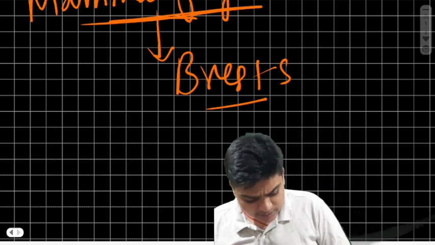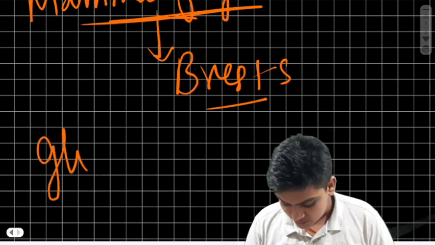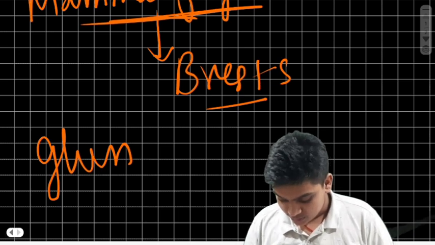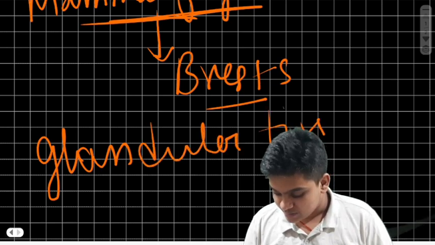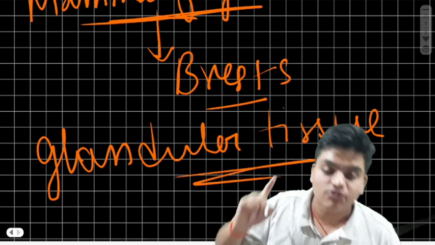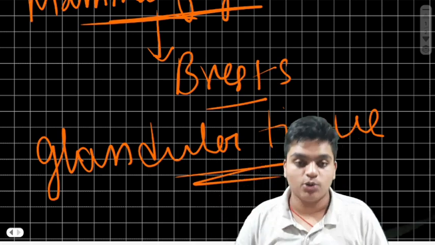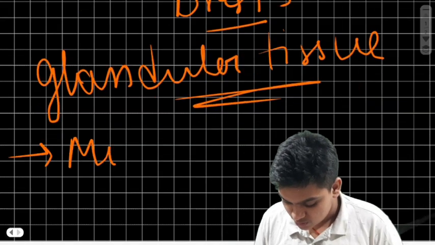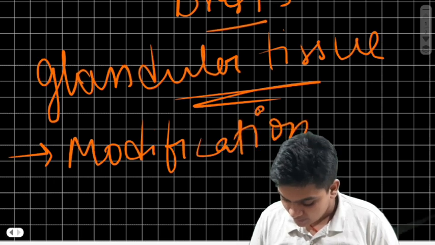Now, this is glandular tissue. This mammary gland is a modification of sweat glands. I'll be writing it. Glandular tissue secretes something, that is why it has the name glandular. This point is very important: modification, and again the examiner may play with you here.